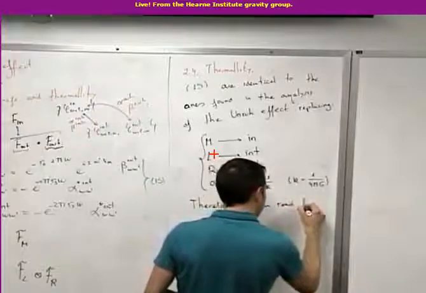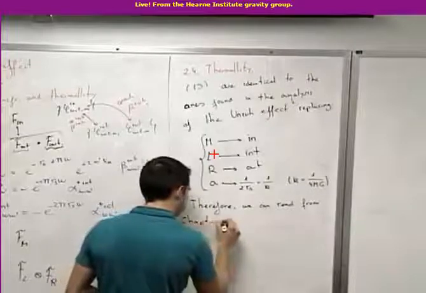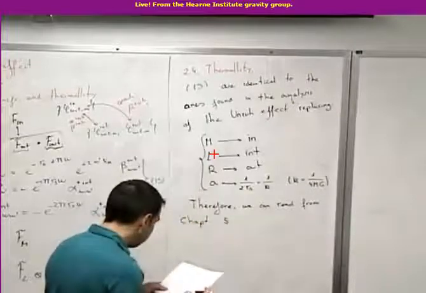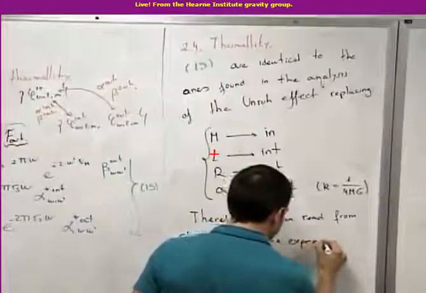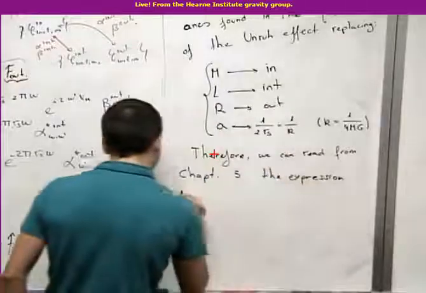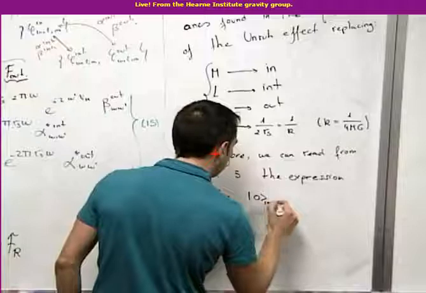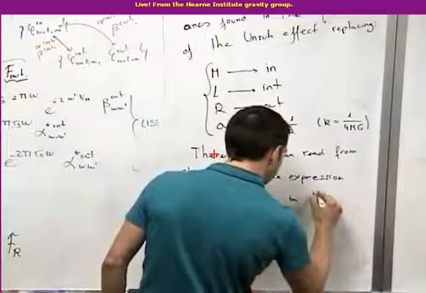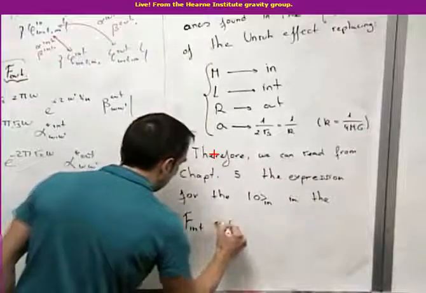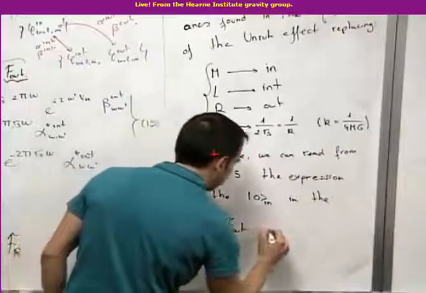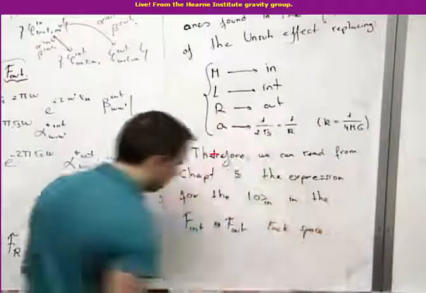So therefore, we can read from chapter 5 the expression for the in vacuum in the int cross out Fock space.